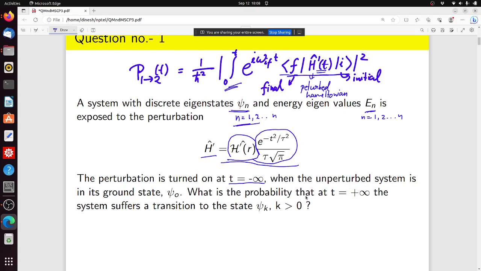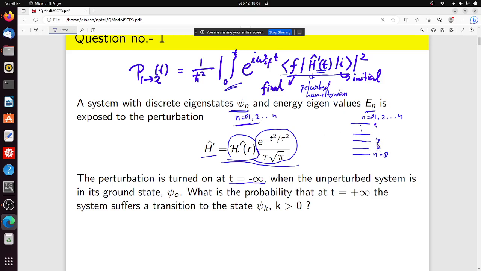What is the probability that at time equal to infinity the system suffers a transition to psi k? There are several states, n equal to 1, 2, 3 and so on, the kth state.